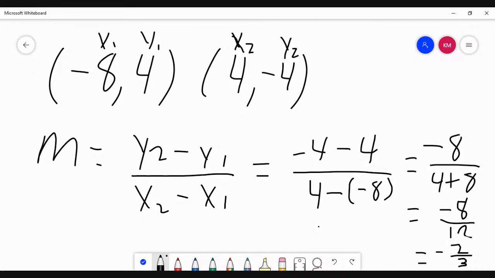So now that I've found my slope, I can now do point slope. Point slope will allow me to set up my standard form. Now with point slope, you can use either one of those points. I prefer to use the first one because the first one is already labeled as x1, y1. So why not?